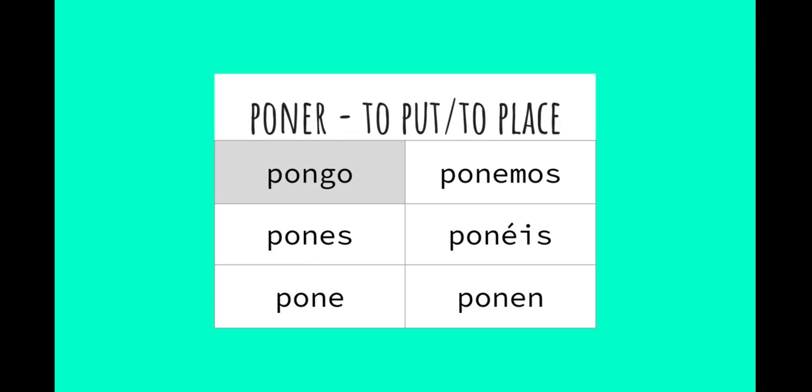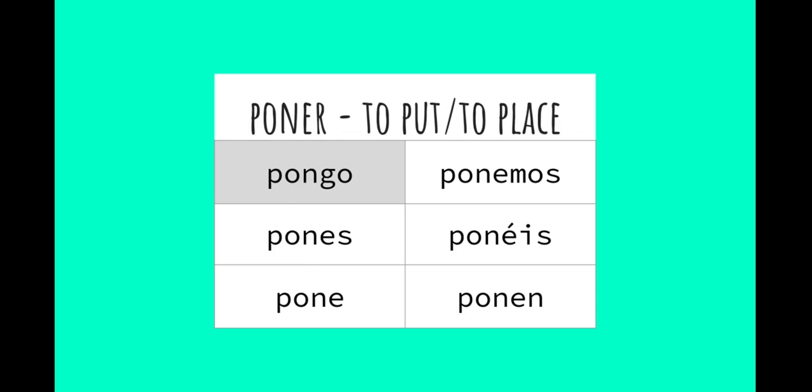Then we have poner. Poner means to put or to place. And we also use it in our new vocab of to set the table. It doesn't normally mean set. It just means set the table, poner la mesa, because you're placing things on the table. You're placing placemats and silverware and plates and all that stuff on the table for dinner.